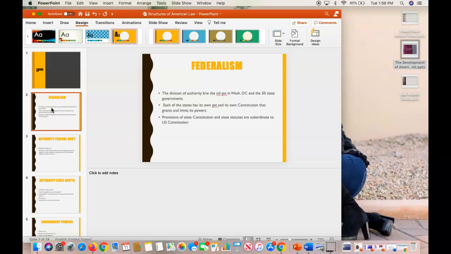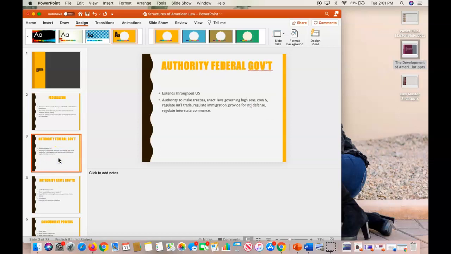How is power between the federal and state governments distributed? Some powers are granted solely to the federal government, some solely to the state governments, and some to both the federal and state governments. The federal government powers extend throughout the United States.